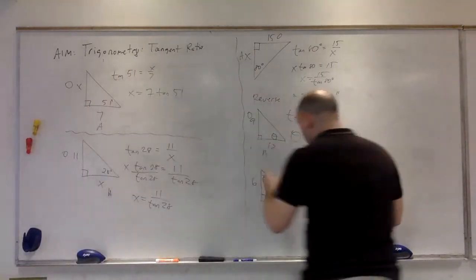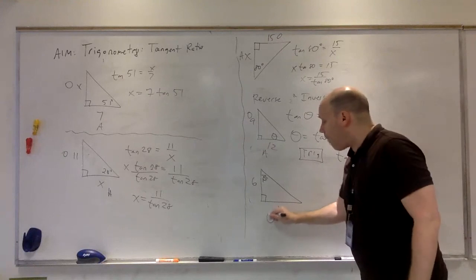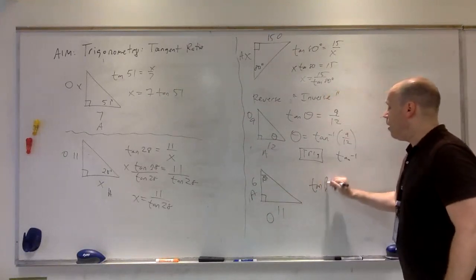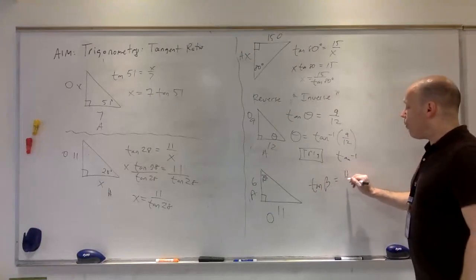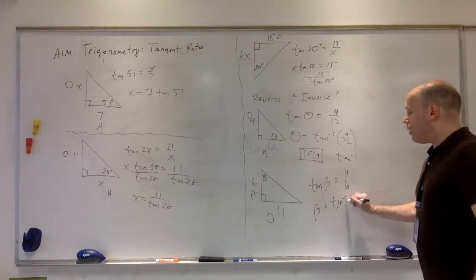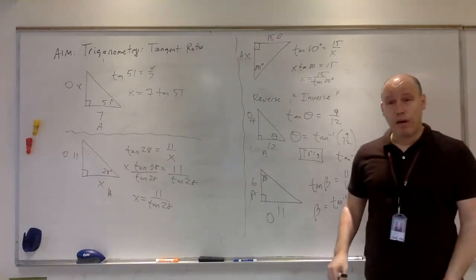Okay, well, which one is the opposite and which one is the adjacent? Well, 11 is the opposite, 6 is the adjacent. The tangent of beta is 11 over 6. Therefore, beta is inverse tangent of 11 over 6. Good.